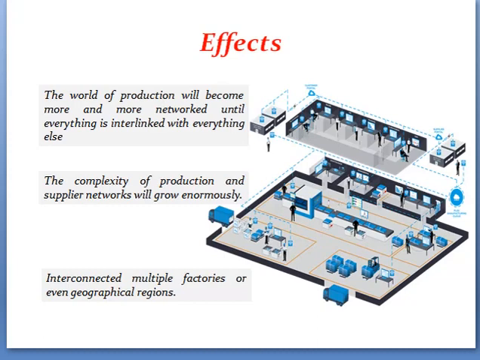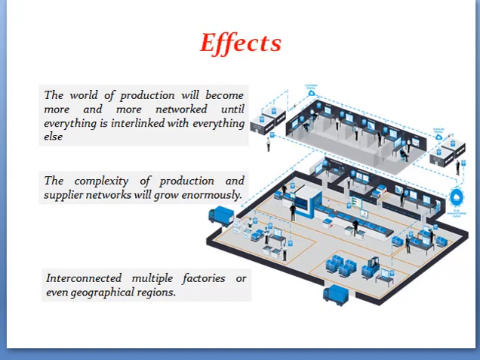The world of production will become more and more networked until everything is interlinked with everything else. If you take the factory layout, or any large scale industry, you have many more considerations to take care of, so it is very difficult to maintain manually.